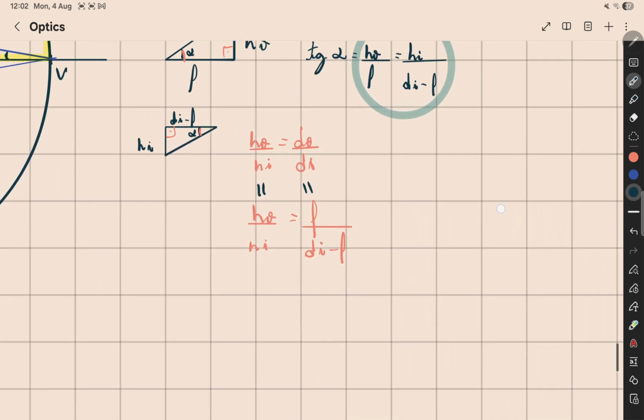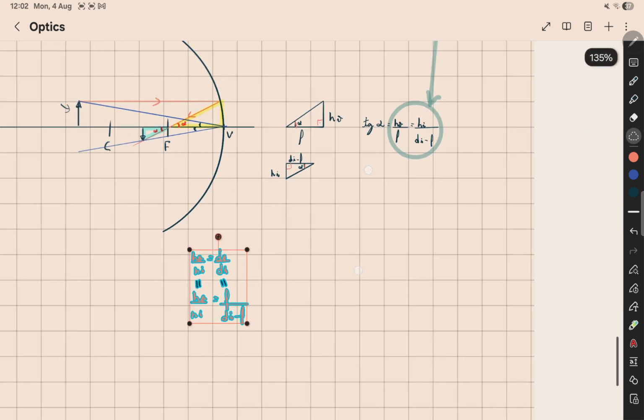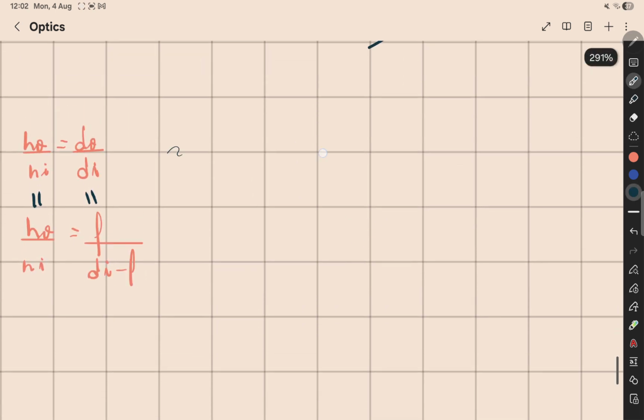Let me write that down here, just so it's easier to see. What I have is that the distance of the object divided by the distance of the image is equal to the focal length divided by the distance of the image minus the focal length.